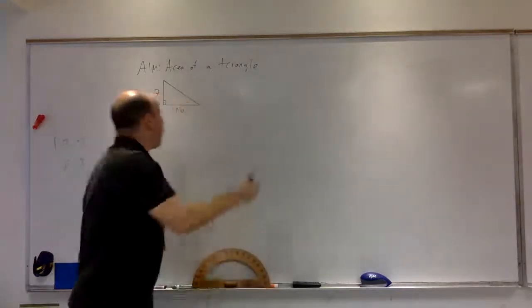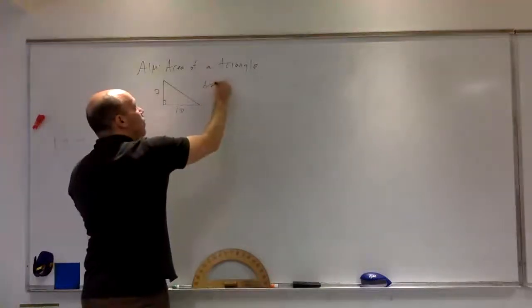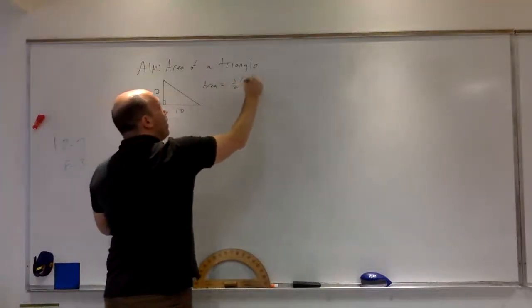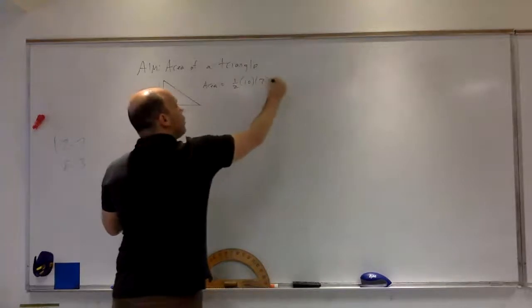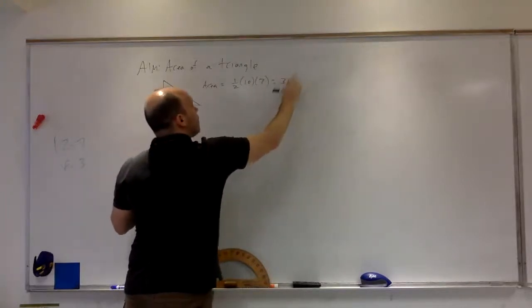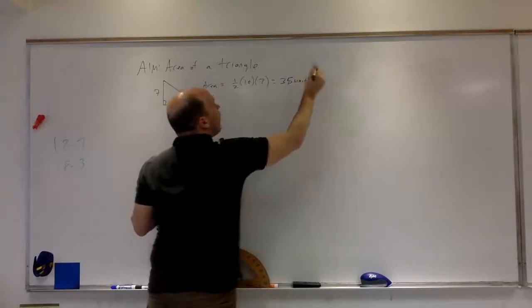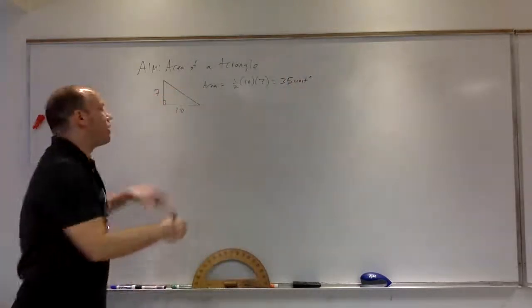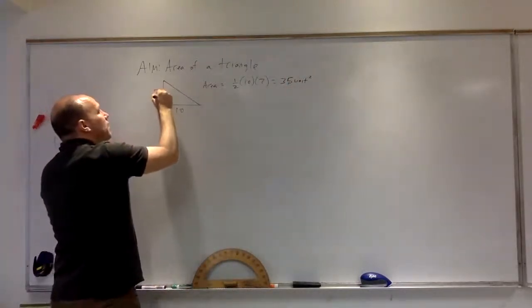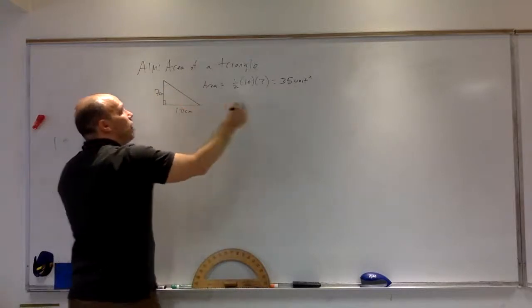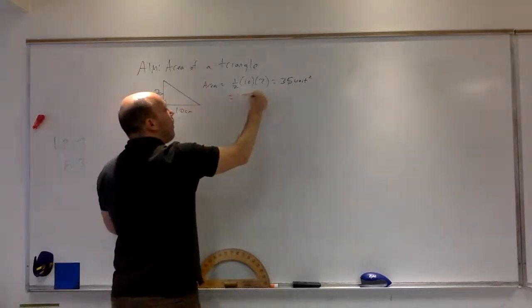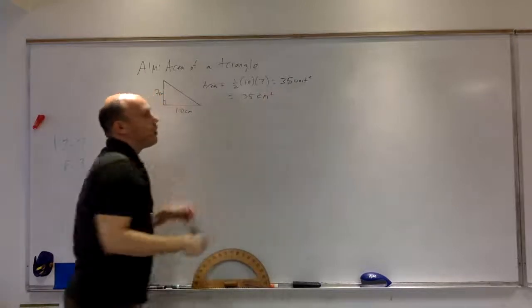To find the area, it's 1/2 the base times the height, so it's 35 square units. If it was centimeters, then the answer would be 35 square centimeters.